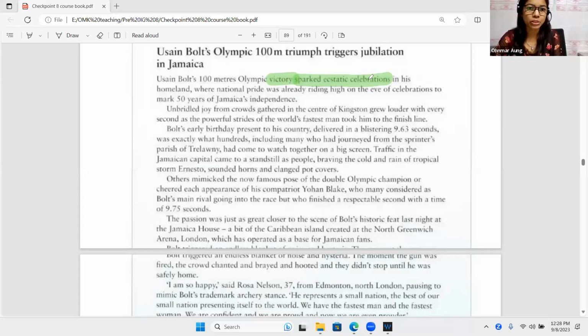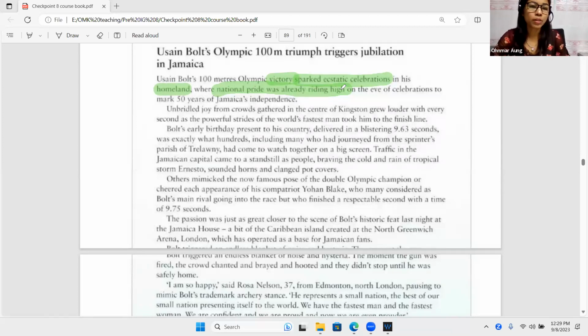Ecstatic celebrations. Instead of saying native land, here you could learn homeland. You can use the synonym homeland. Another beautiful expression is national pride was already riding high. So it means that the citizens love their country. They have national spirit. National pride was already riding high.